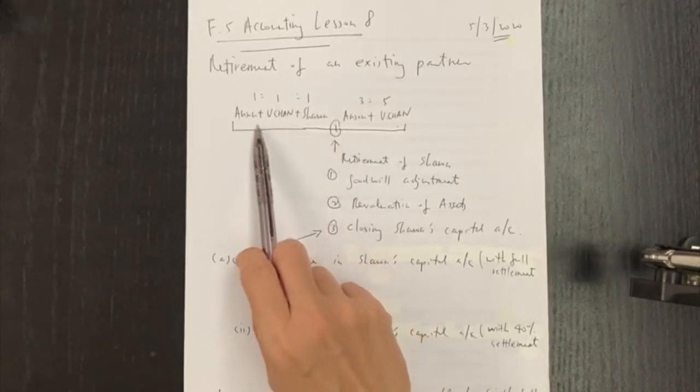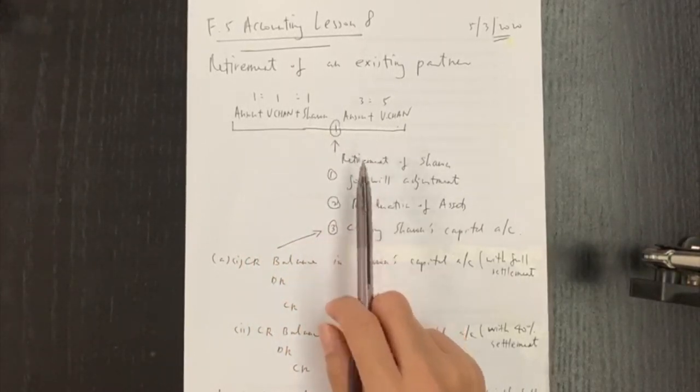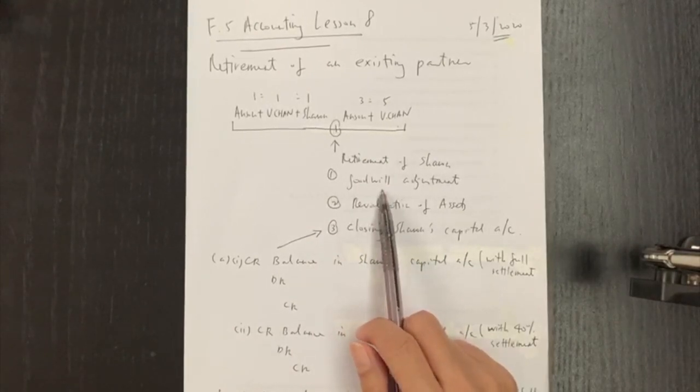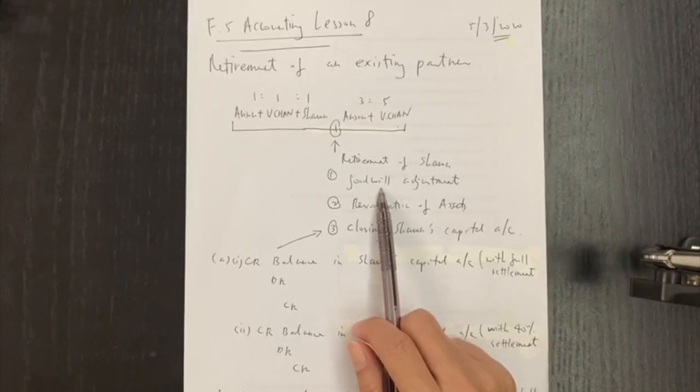So whenever we have a profit and loss ratio change, we need to adjust goodwill. Remember, we have 2 methods. Which method is better? The second method is better, saying that the goodwill account is not opened. Later on, we need to draw up a table to do adjustments, to debit the gain and credit the loss through the partners' capital accounts.